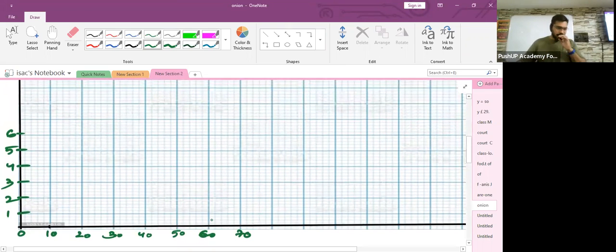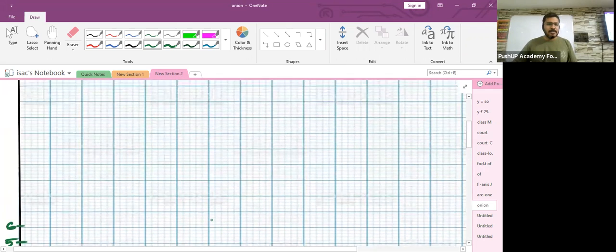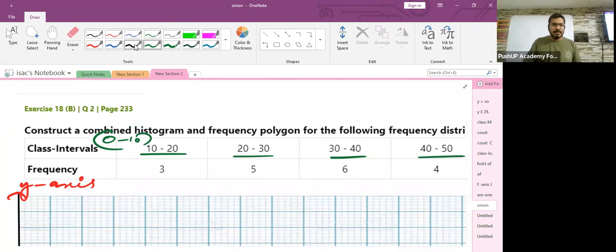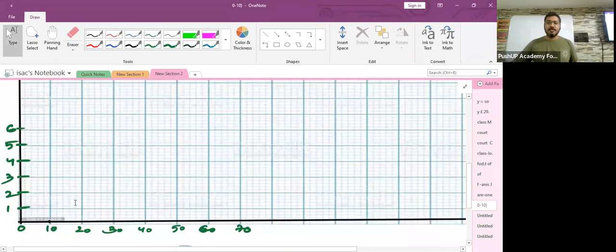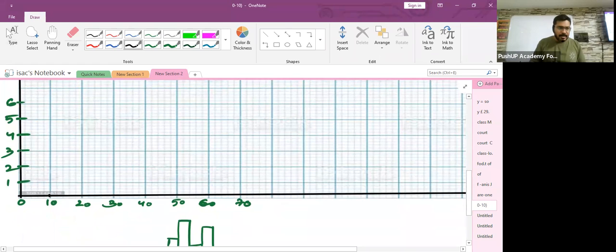Okay, so what is the frequency for the first class interval? I think it is 3. The first class interval is 10 to 20. The frequency is 3. Where is 3? Over here. So children, just highlight this portion and then draw a rectangular bar on this class interval 10 to 20.